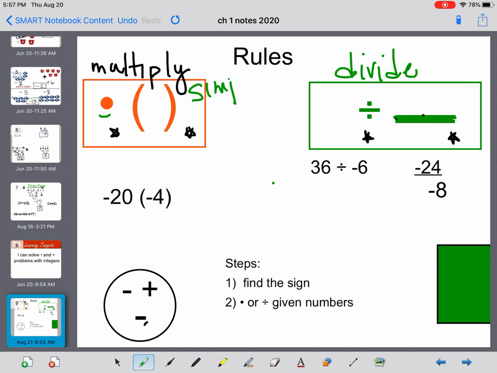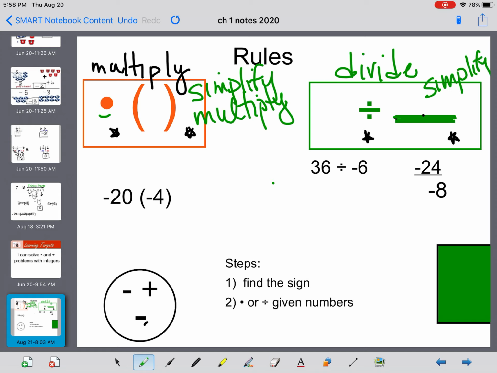I'm going to simplify, and I'm going to multiply. That's what I want to do every single time I see parentheses, okay? And if I see a fraction bar, the fraction bar means simplify and divide.